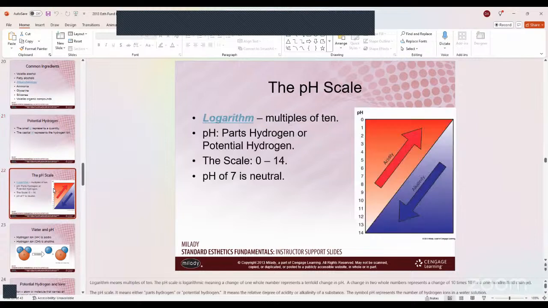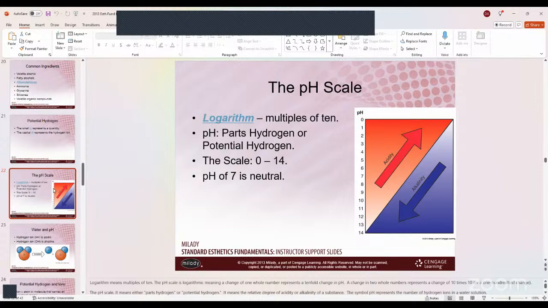We have something called the pH scale. First, let's do the logarithm. They're in multiples of 10. So when you see 0, 1, 2, 3 on down to 14, it has about 10 steps in between. pH, parts hydrogen or potential hydrogen, that's what it is.